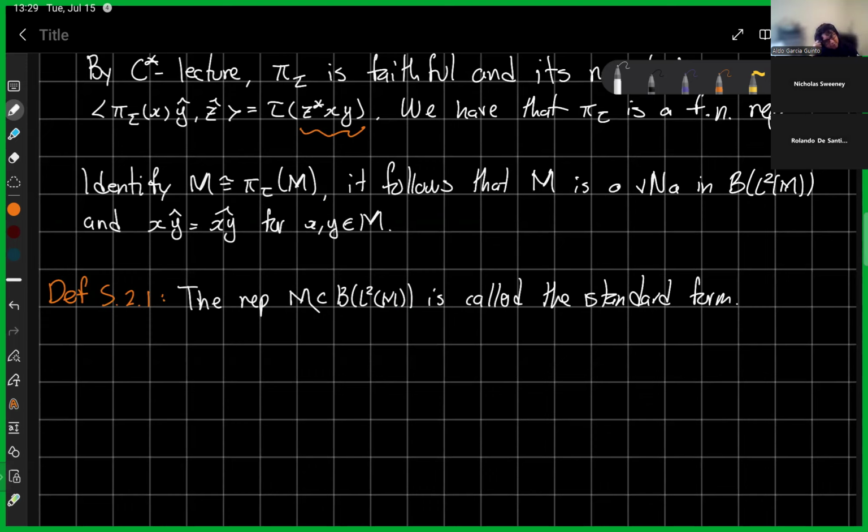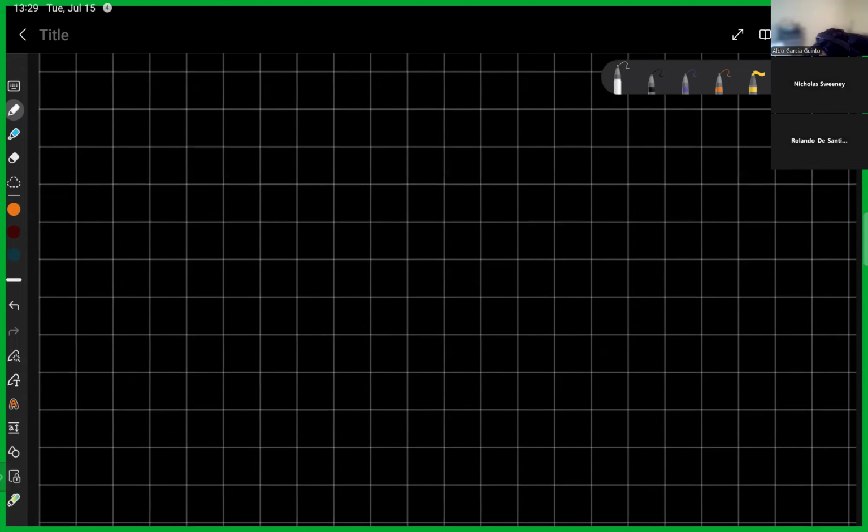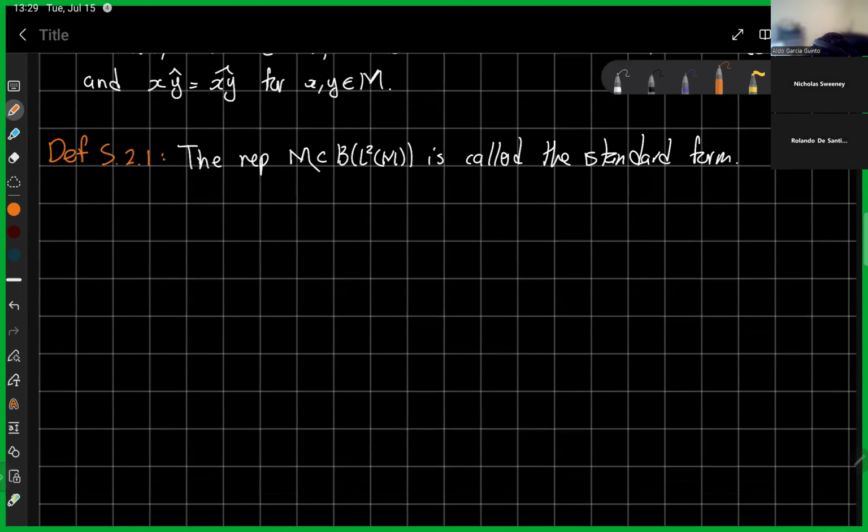And you might be asking why this is so relevant. The idea here is that inside the standard form, you have a nice way of witnessing what the commutant really looks like. And that is one of our goals in this lecture. But before that, it should be nice to look at some examples. So some of the examples that we've seen.